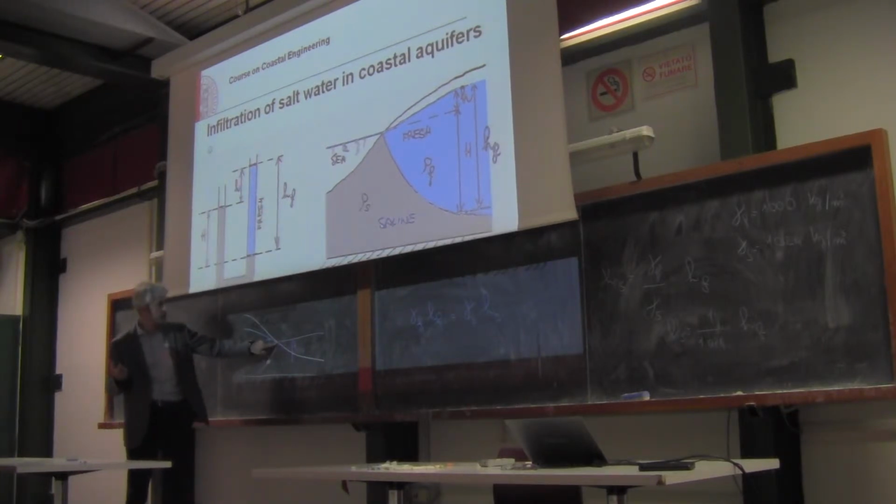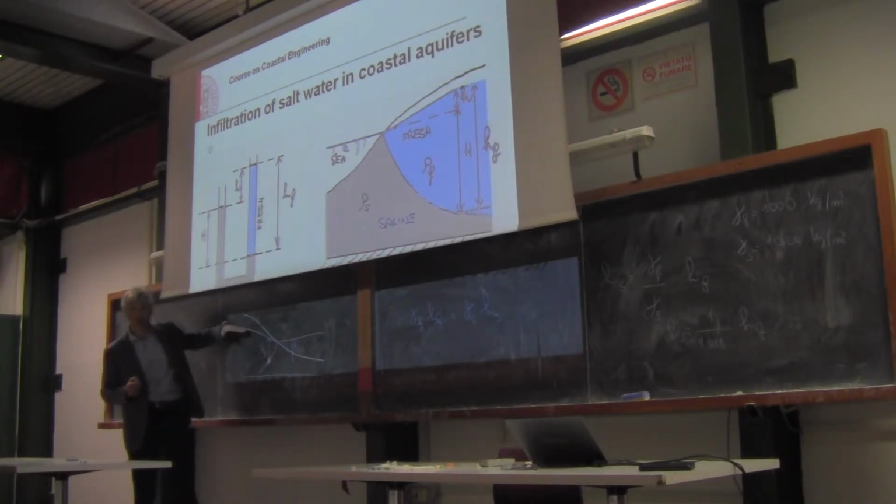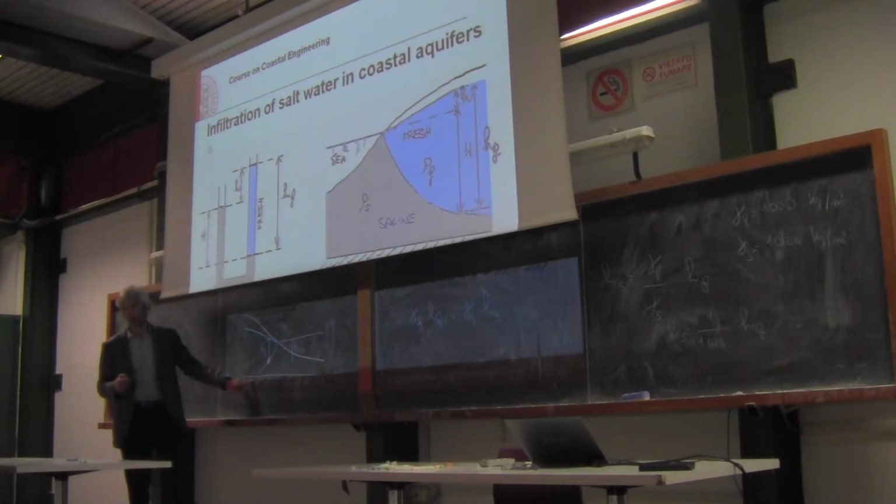They are the same particle, but if we start increasing HS, we see increasing values that we need of HF. And therefore, if you assume a position for the water table, and if you repeat the same calculation for increasing values of HS, you see that the resulting shape is a wedge.